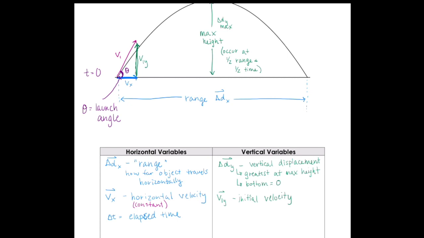Okay, so for the next variable, we have the final velocity, v2 of y. So this is going to be our final vertical velocity.